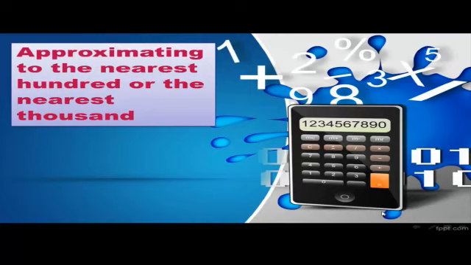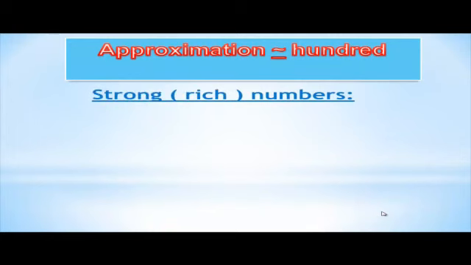Our lesson today is about approximation to the nearest hundred or to the nearest thousand. Before I do the operations of approximation, you must remember the strong numbers, or rich numbers, open my hand, starting from 5, 6, 7, 8, and 9.